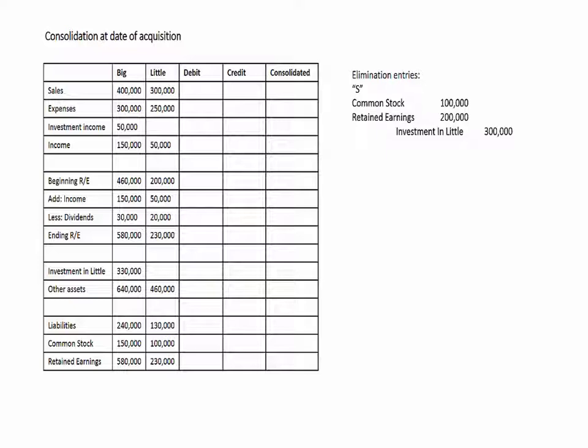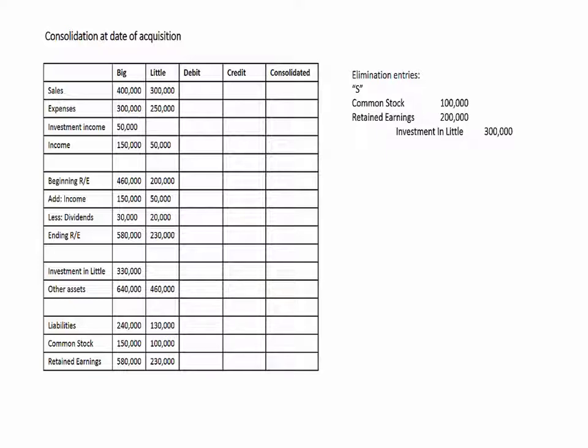So first we have our S entry, and this is exactly the same as it was in the consolidation at date of acquisition. Basically, we're going to take our beginning of year subsidiary equity accounts. The beginning of year common stock is 100,000. The beginning of year retained earnings is 200,000. Again, note there are two retained earnings numbers for little.